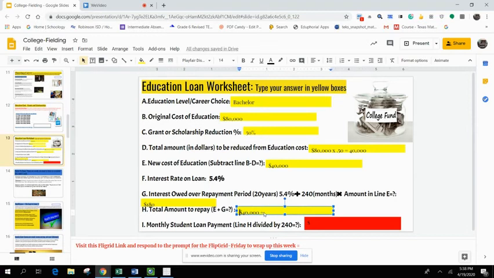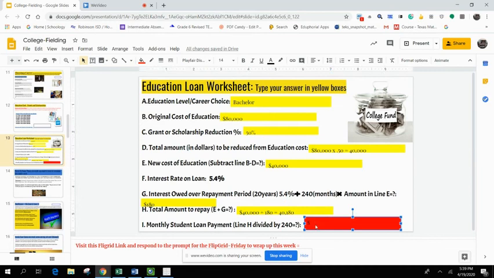This thing's not wanting to play fair. Those two totaled up goes here. So that would be $40,180 that I would have to pay for that loan.